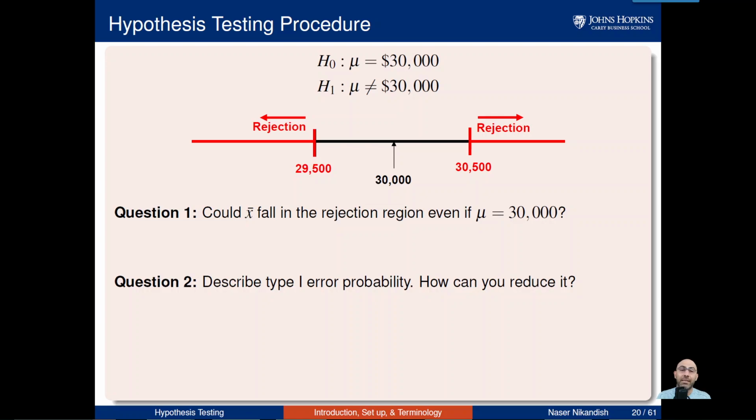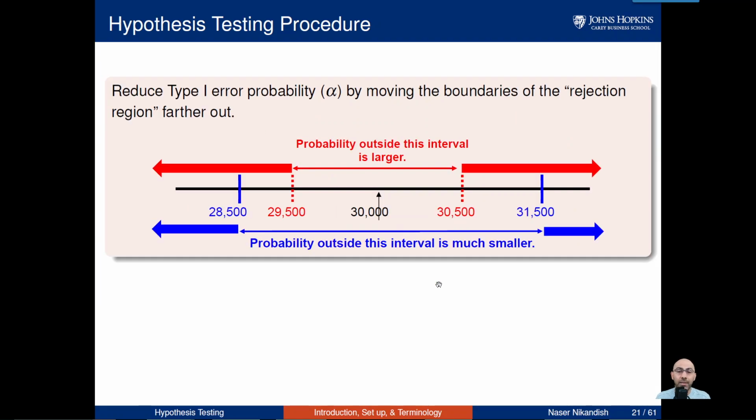All right, that is type 1 error. You have the same thing with type 2 error as well, but I'm going to leave that to you to explore it. Now type 1 error is a probability that we are going to reject H0 even though H0 is true, right? In other words, mu is 30,000, H0 is correct, but we reject it.